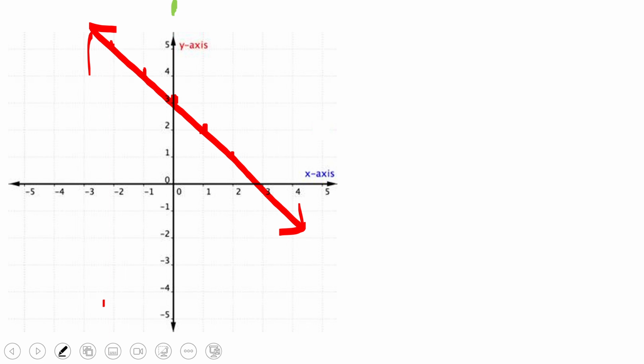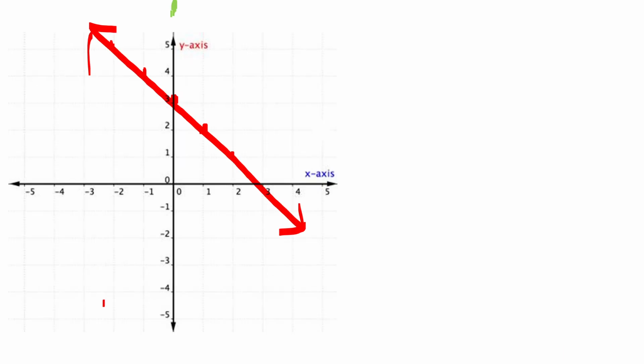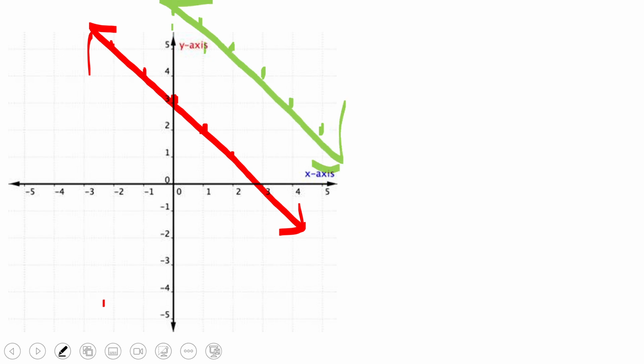So we also have a negative slope, a negative rise of 1, run of 1, a negative rise of 1, run of 1, and that continues to graph. It would graph above too, but we can see the green runs parallel to the red.